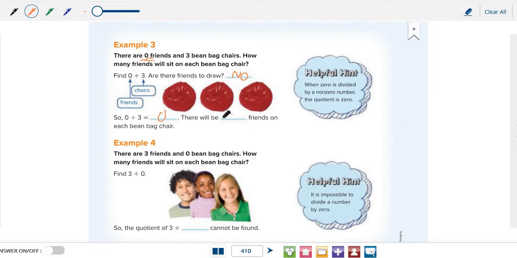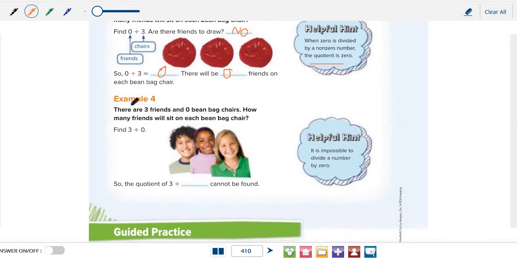There will be 0 friends on each beanbag. So the third rule in this lesson is when 0 is divided by a non-zero number, the quotient is 0. So interesting. So simply 0 divided by any number like 7, 3, 10, 11, 12, 1000, 1 million, 1 billion always equals 0.